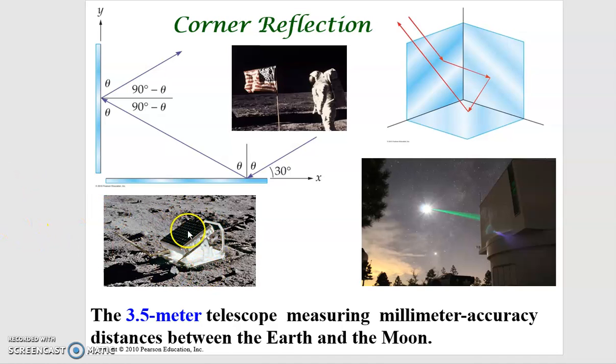The laser beam will hit it and be reflected, and the direction of the reflected light will also be parallel to the incident direction. Why is it useful? Because the incident light and reflected light are parallel, we can assume the distances traveled are the same. So the distance traveled is 2 times the distance between the moon and the Earth, and we also know the light is moving at the speed of light. By measuring the time difference, you can calculate the distance between the moon and the Earth.